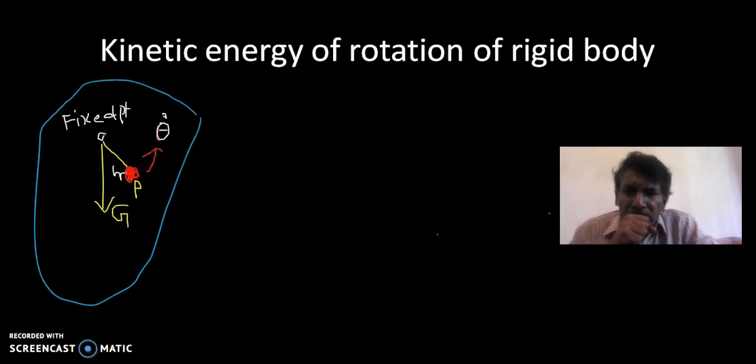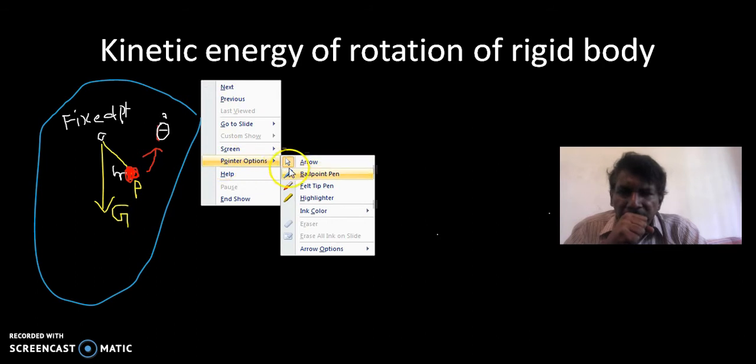That's our aim here. Here G is the gravitational force and this is a rigid body. Our aim is to find the kinetic energy when the body is rotating from right to left. So let us find that out.